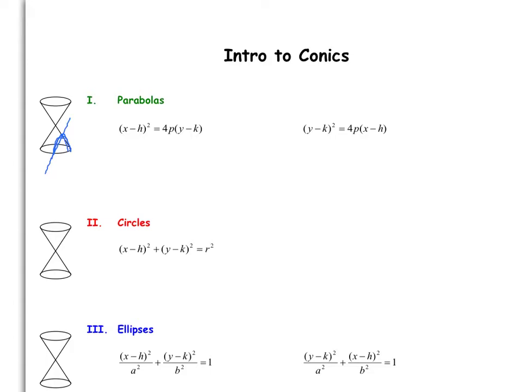Now we have 2 types of parabolas: parabolas that open up and down, and parabolas that open side to side. In this first equation, we have x minus h squared equals 4p times y minus k.